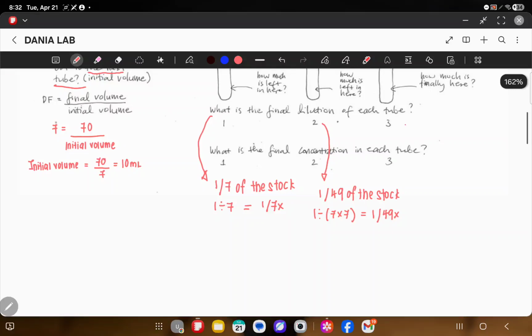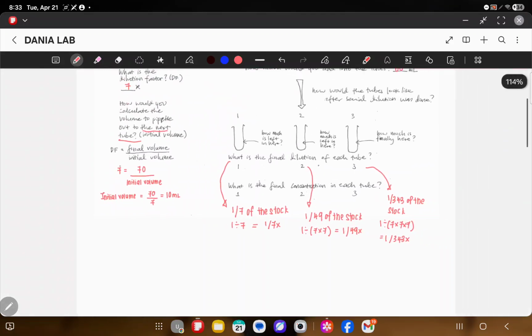And then the third tube is 1 over 343 of the stock. 1 divided by 7 times 7 times 7 equals 1 over 343 times.